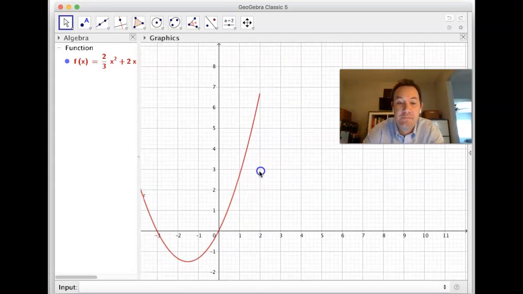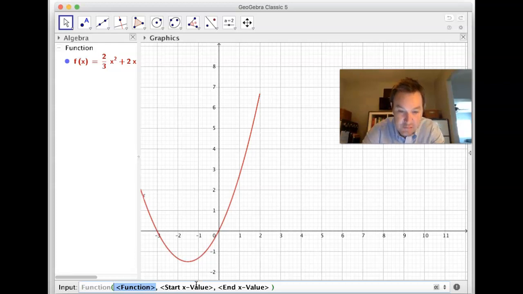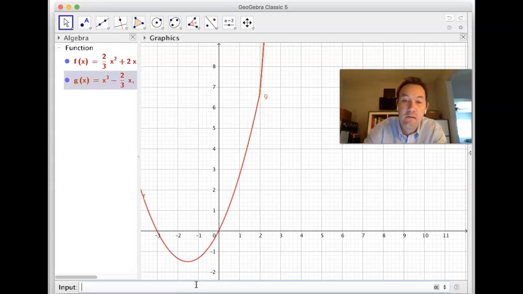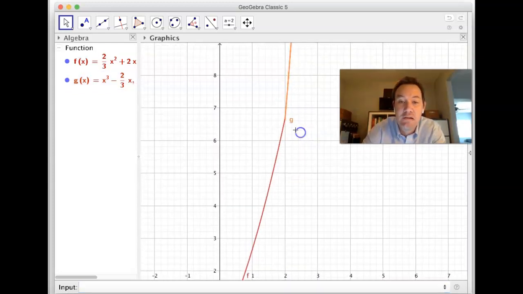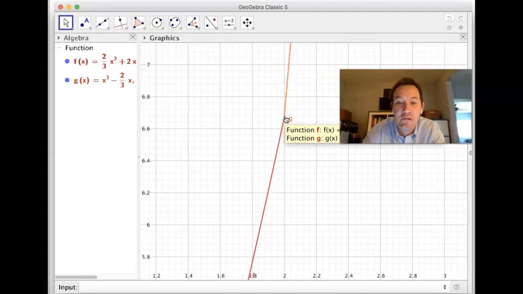There's that piece. And then the bottom piece is going to be x to the third minus 2 thirds x, and we'll go from 2 onward, and there's g. So you can see that, yep, even though it's a piecewise function, we are connecting at 2.